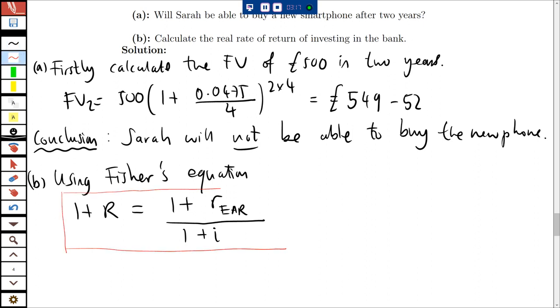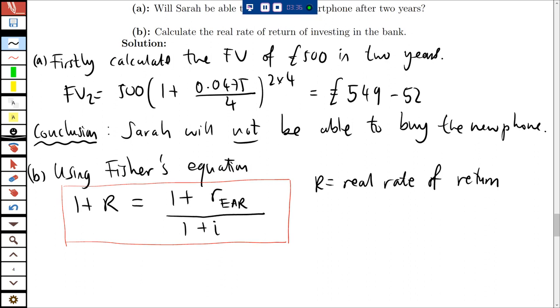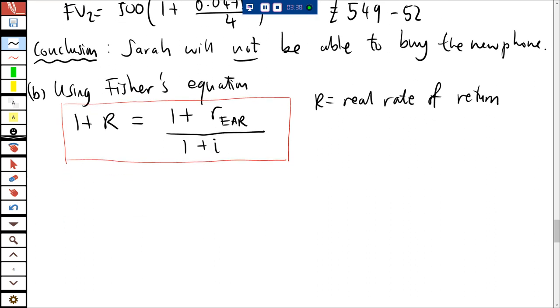Okay, so we need to find the real rate of return, which is R, big R. And to do that, we need the rate of inflation, I, and the effective annual rate. So let's start with inflation. Well, we don't have any national statistics, we just have a smartphone.